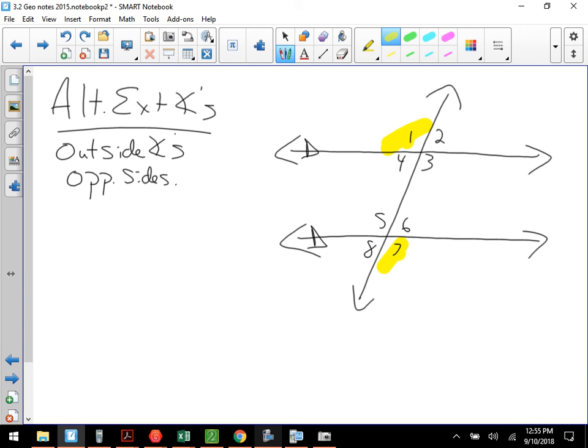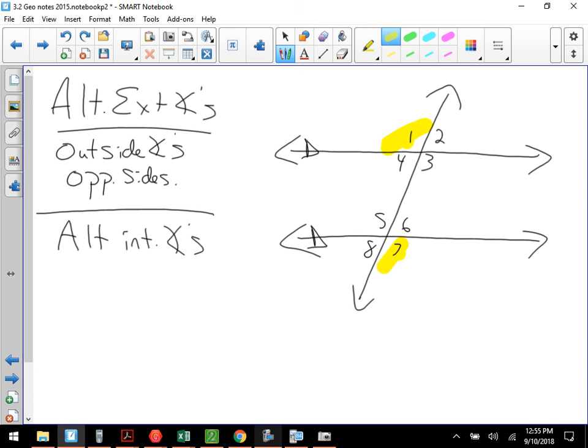And you were alluding to alternate interior. Alternate interior, what do you think those would be? Alternate interior angles are going to be opposite sides, inside. Opposite sides of that transversal, inside.